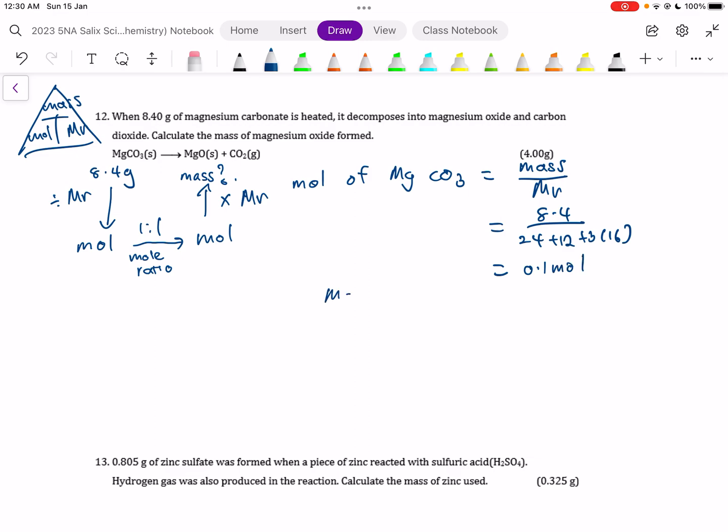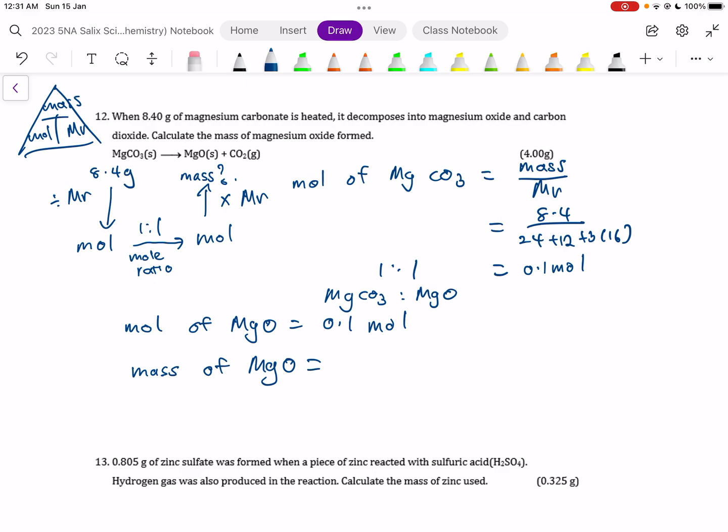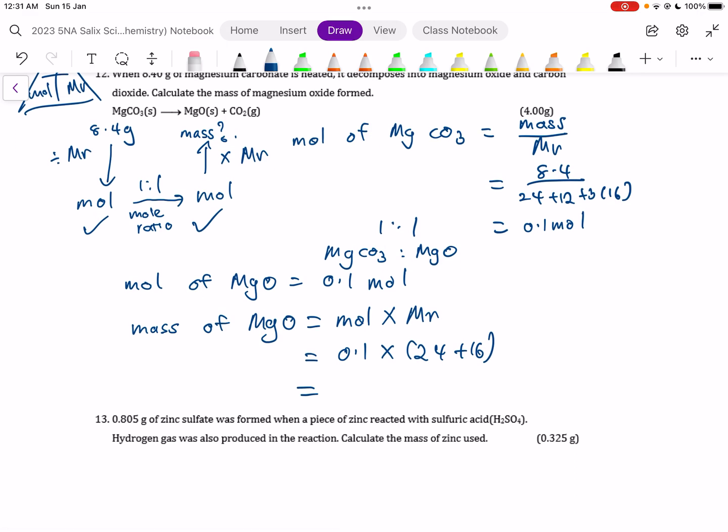Then we know the ratio of MgCO3 to MgO is 1:1, so you can find the number of mole of your MgO. That is 0.1 mole. Then you can find the mass of your MgO by taking the mole multiplied by the mR. You should be able to get 4.00 grams.